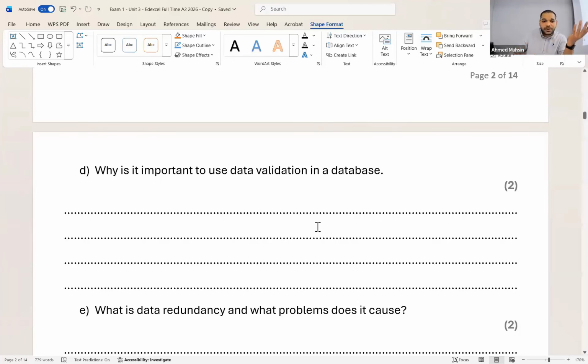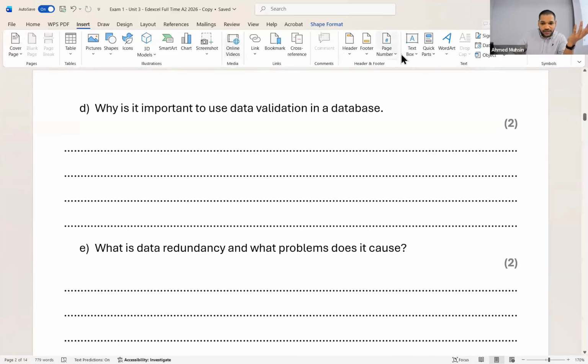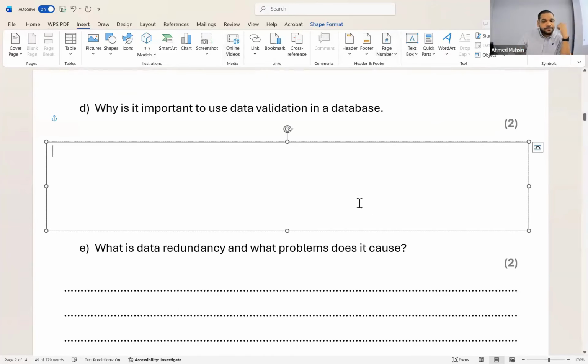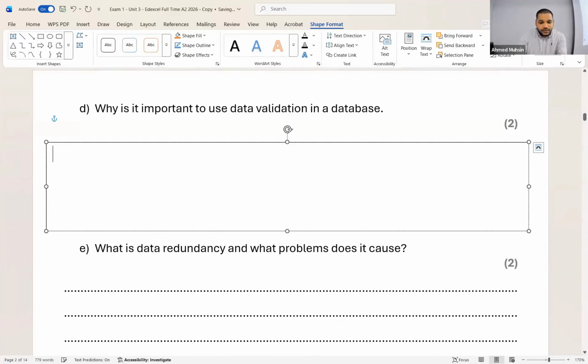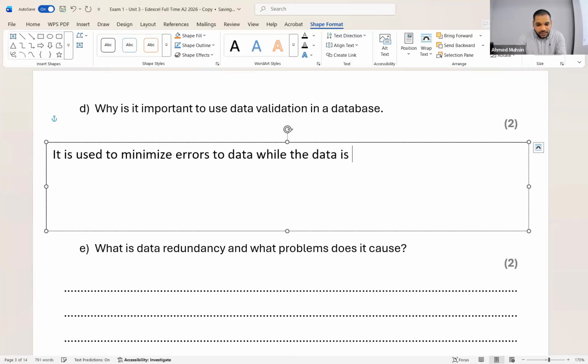So everybody, why is it important? Many of you scored your marks over here, but let's write an answer. It is used to minimize errors to data while the data is being entered into a database.